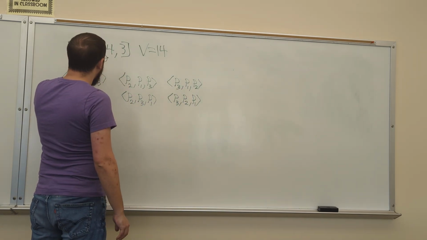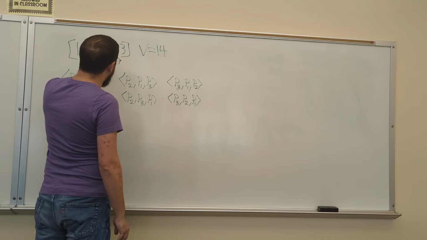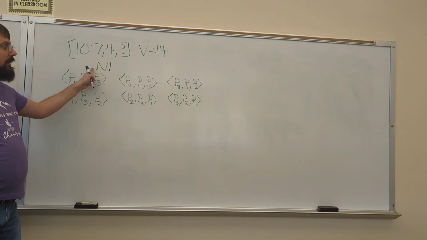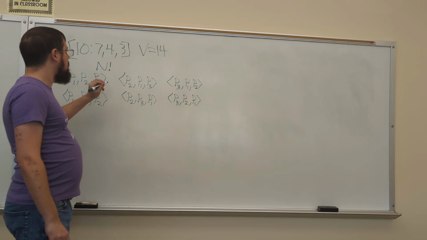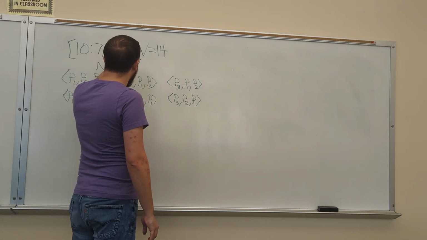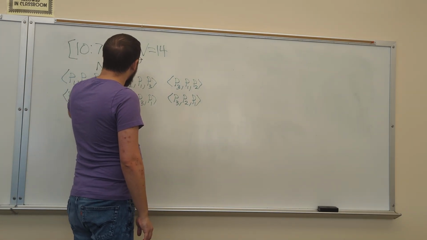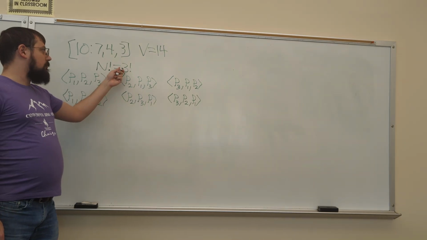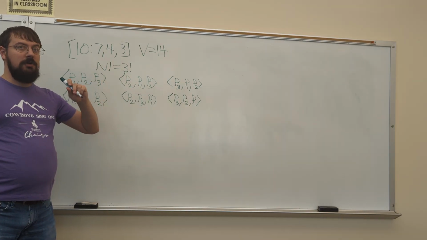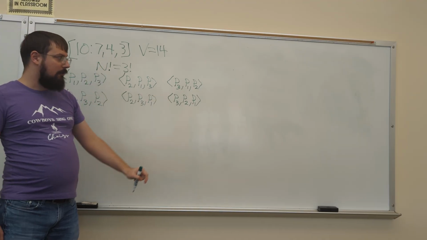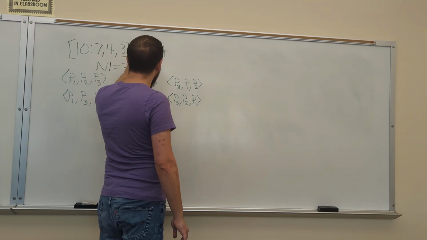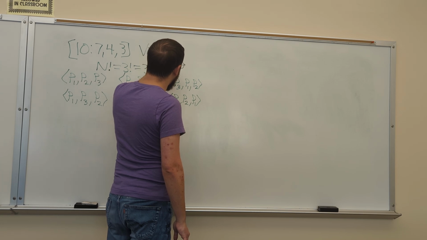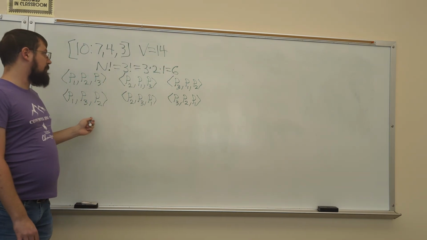The number of sequential coalitions is n factorial, n being our number of players, in this case 3. A factorial means we take the number and multiply it by every integer all the way down to 1. So 3 factorial is 3 times 2 times 1, which is 6.